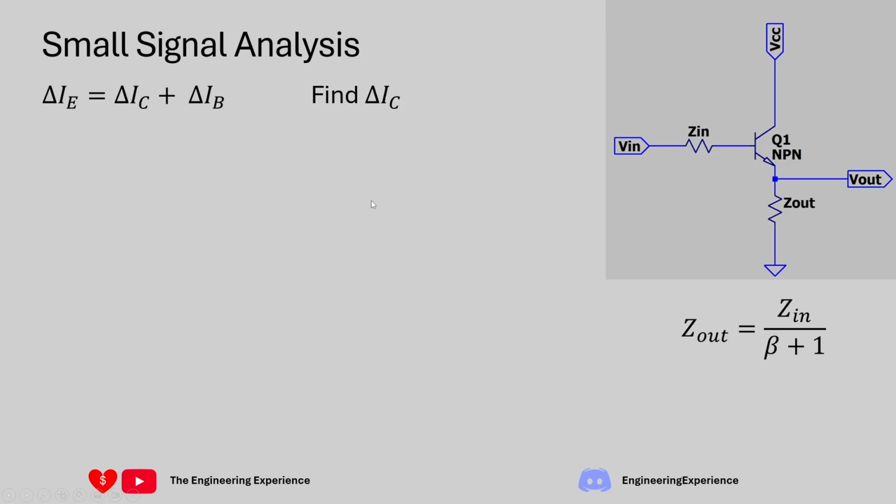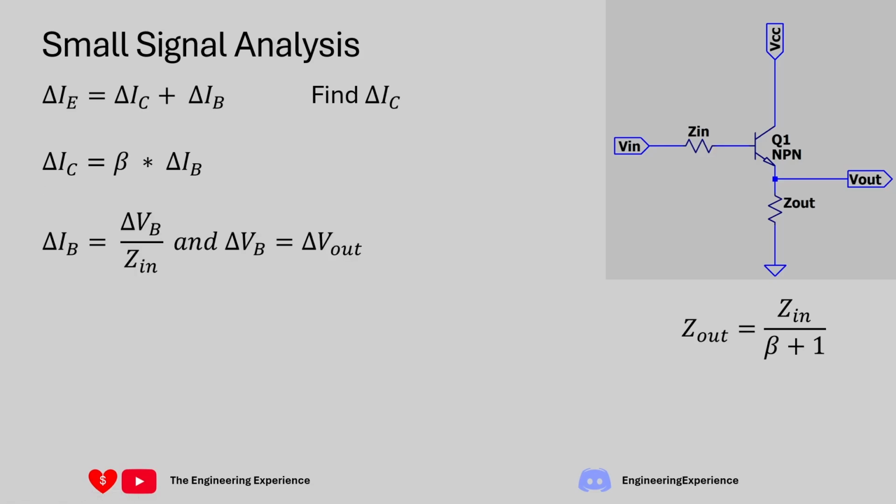Now finally, let's find delta IC. So delta IC is equal to beta times delta IB. So small change in collector current is equal to beta times small change in base current, which makes sense. Delta IB is equal to delta VB over Zin, which we worked out before. And we also worked out that delta VB is equal to delta V out.